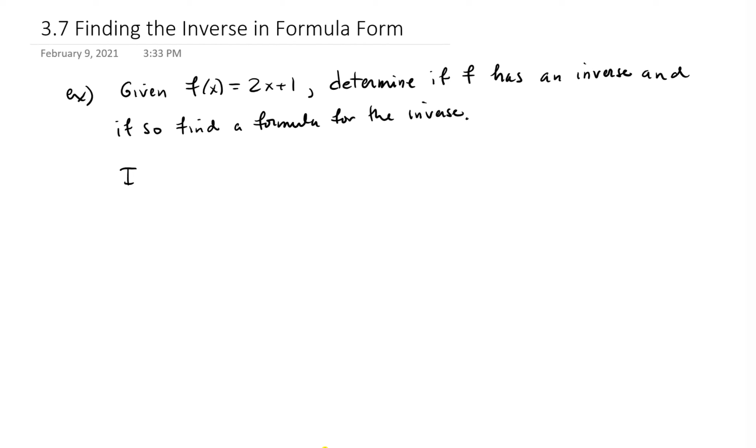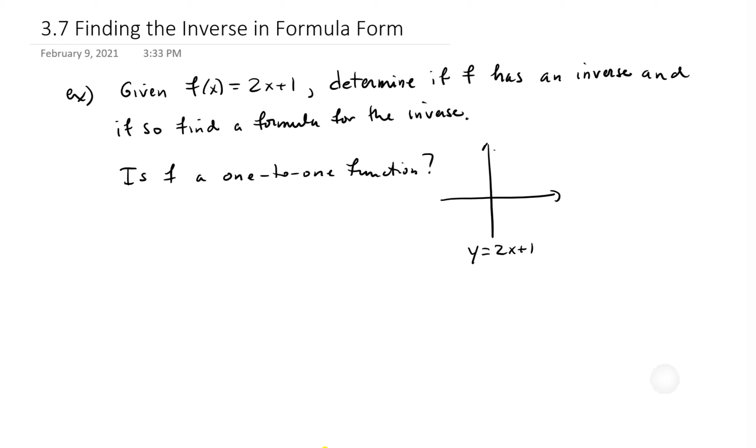So is f a 1-to-1 function? For this, maybe we can rely on the graph of f. If we graph y equals 2x plus 1, this is actually a line with a y-intercept of 1. If we look at the horizontal lines, they intersect the graph in only one place, which makes the function a 1-to-1 function.